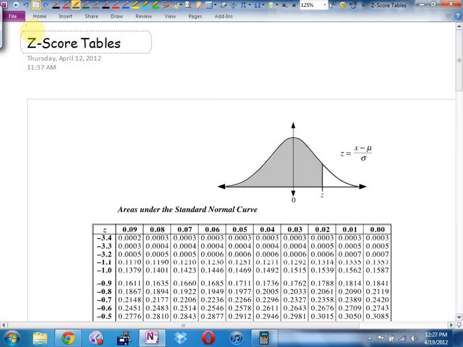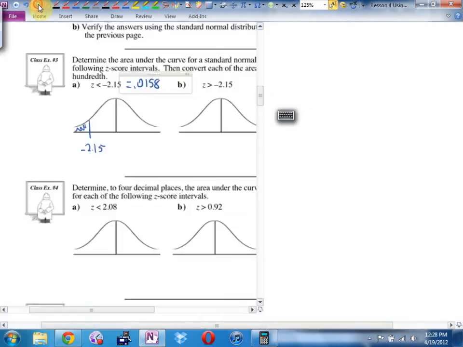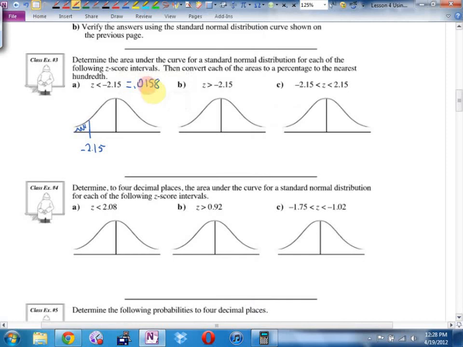Is that okay? Yeah. There is, by the way, your graphing calculators do have these built in, and eventually I'll show you how to do that, but it's not as big a shortcut as the standard deviation thing. So I'm kind of 50-50. What would this be as a percentage? How do I go from a decimal to a percent? 1.58%.